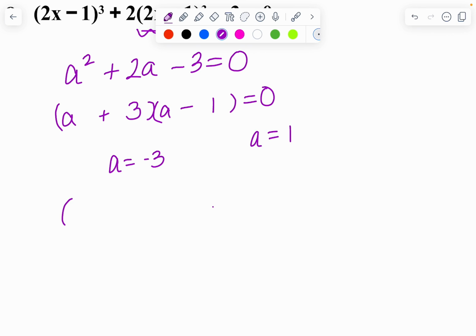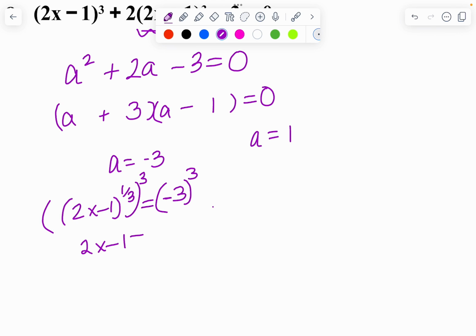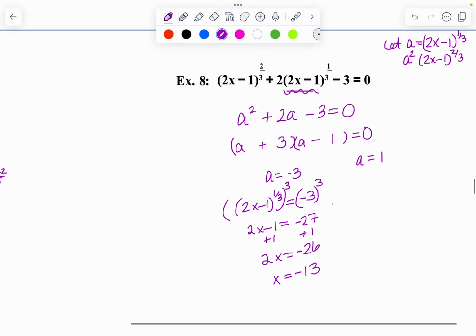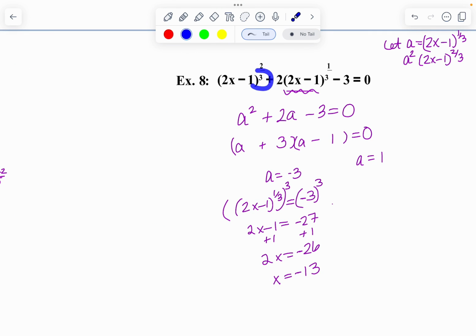So now I have 2x minus 1 to the 1/3 power equals negative 3. So I have to cube this. So 2x minus 1 equals negative 27. This looks better. And I add a 1. 2x equals negative 26. So x equals negative 13. Now you do not need to check these because my index number would be odd.